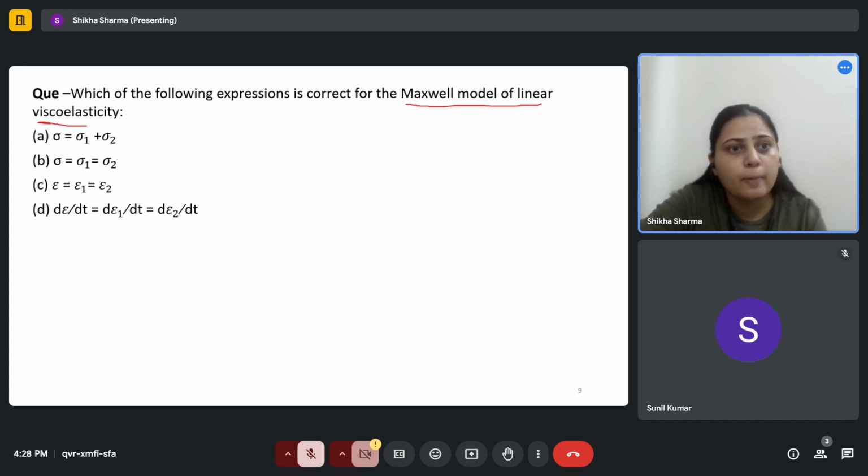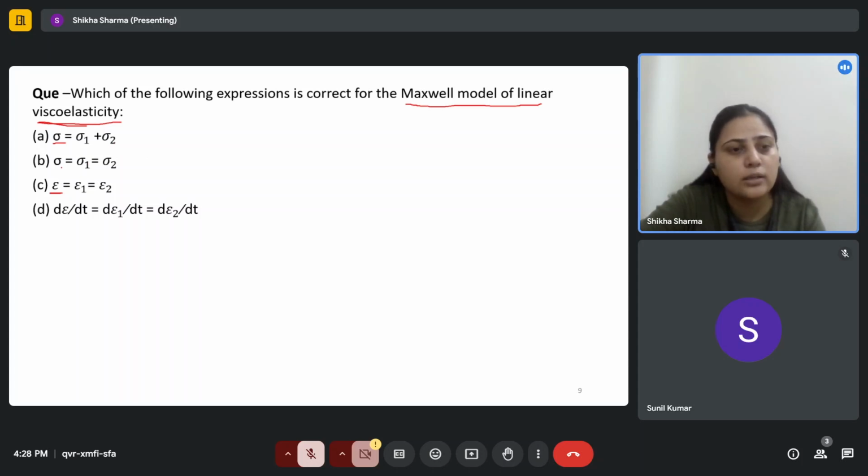So the question says, which of the following is correct about the Maxwell model of linear viscoelasticity? Sigma is the stress, and epsilon is the strain. So option A says stress is equal to the sum of the individual stresses in the spring and the dashpot.